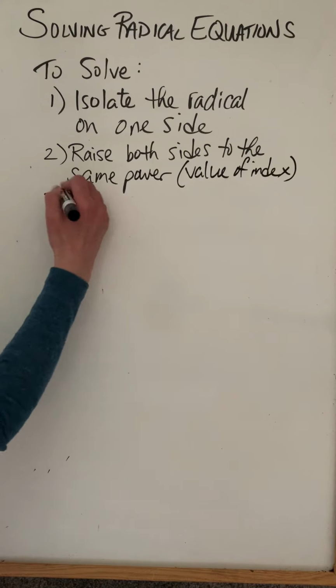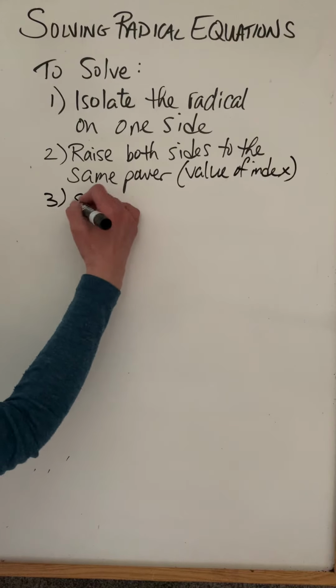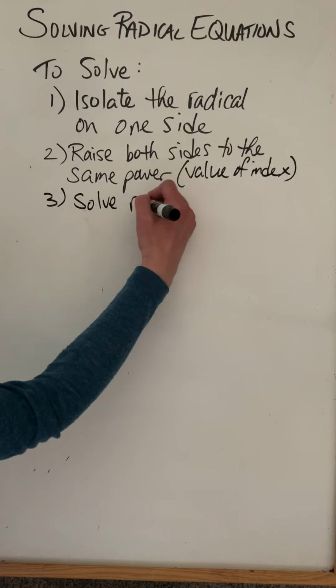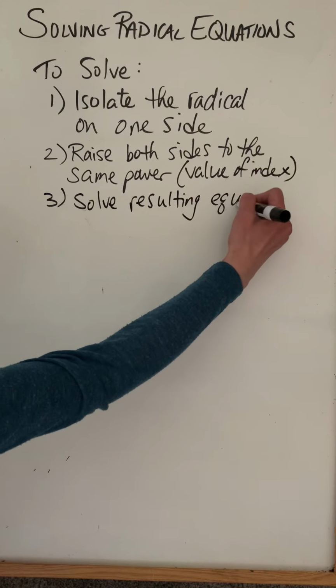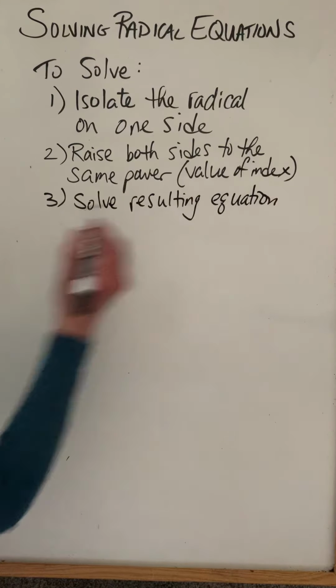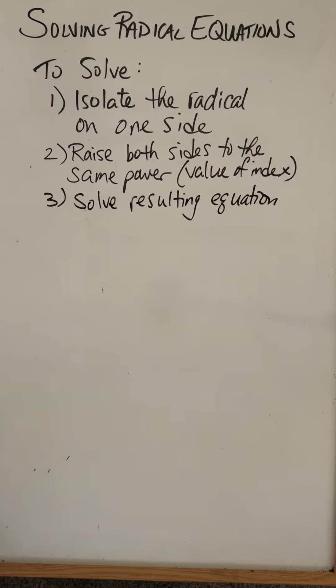Once we do that, we're going to solve the equation that we're left with. And that's it for now. Okay, so let's do an example and we'll follow these steps as we go.